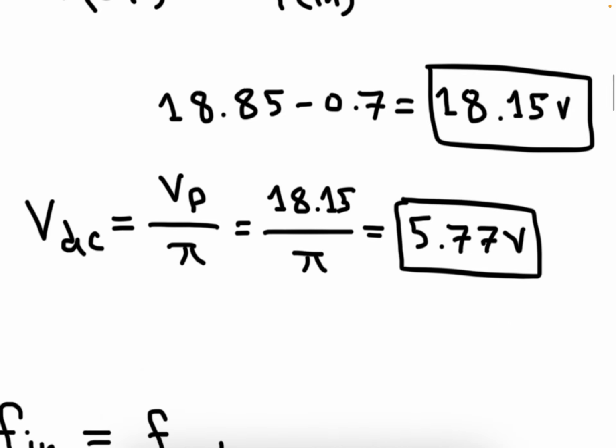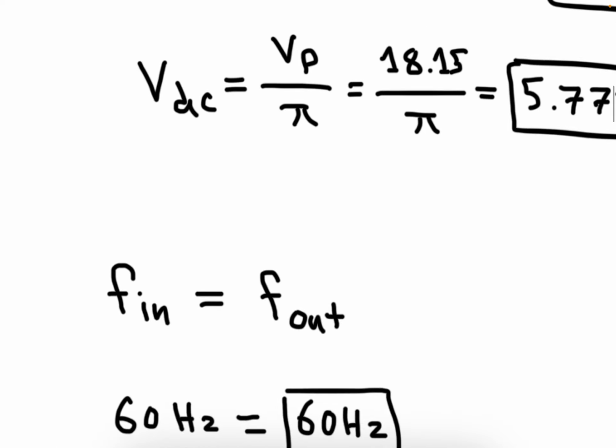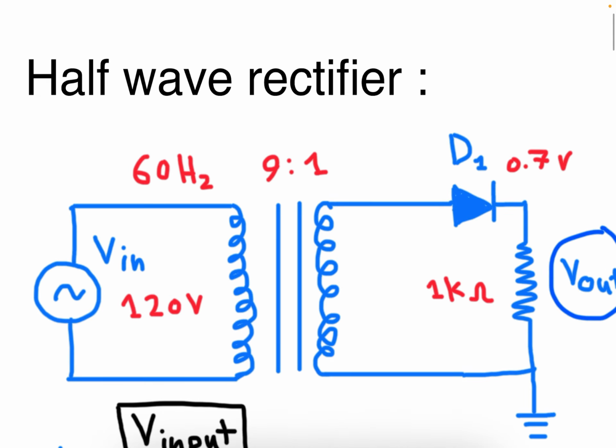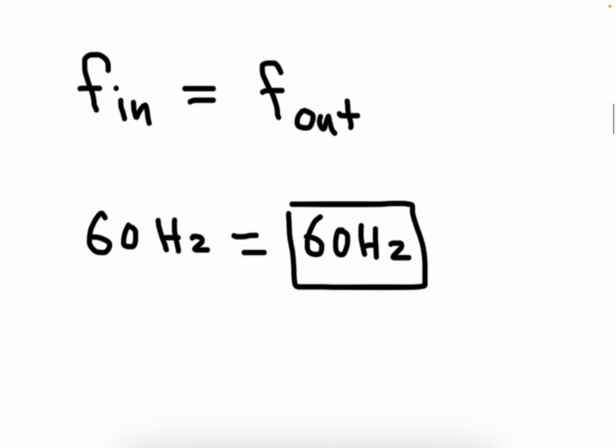Now we will calculate the DC voltage in the second approximation. Peak voltage divided by pi equals 18.15 divided by pi, which is equal to 5.77 volt. Also, the input frequency equals the output frequency, and in the example it's given as 60 Hz. So the output frequency will be 60 Hz.